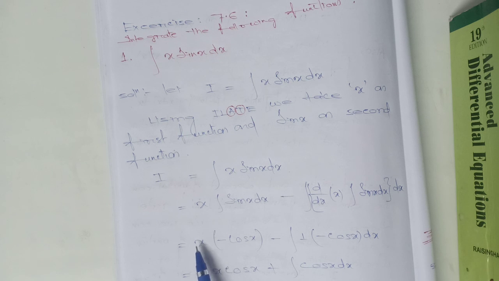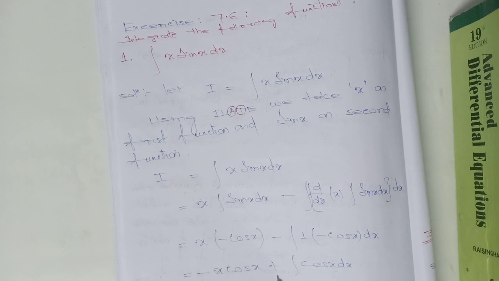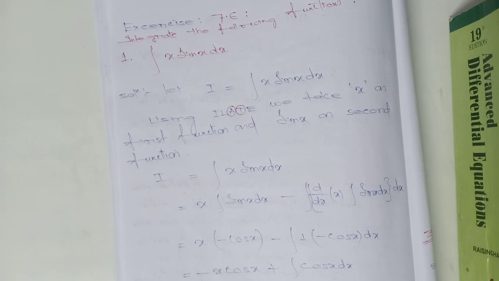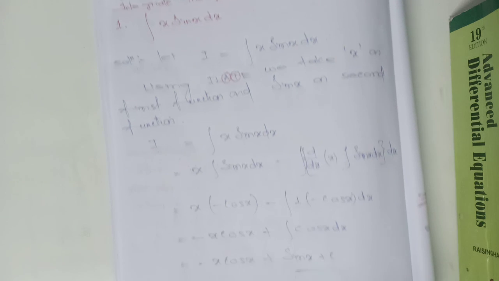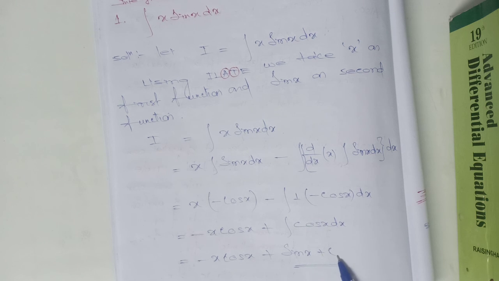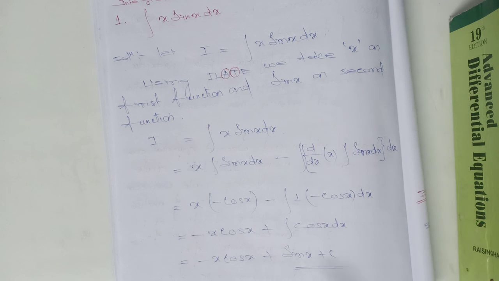So it becomes minus x cos x plus, this minus into minus gives plus, the integration of cos x dx. So minus x cos x plus the integration of cos x, which is sin x, plus a constant c. So this is the answer to this question. I hope students, all of you understood.